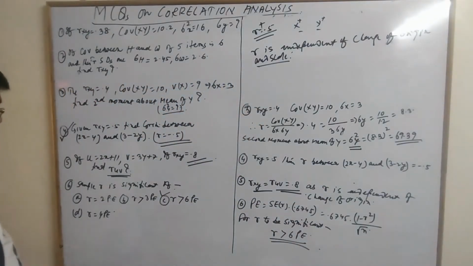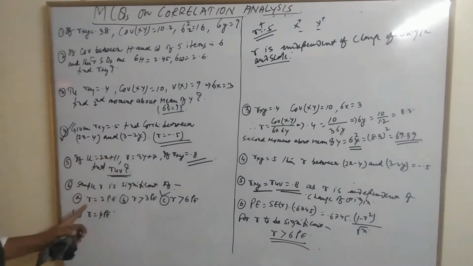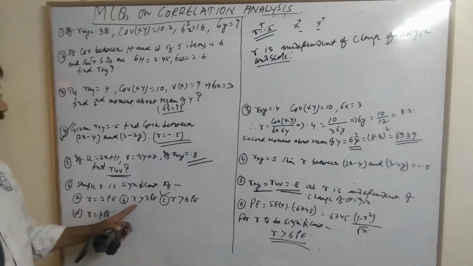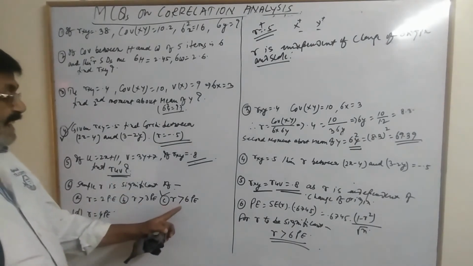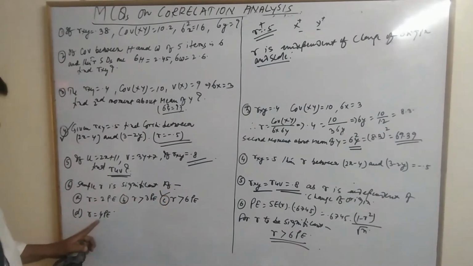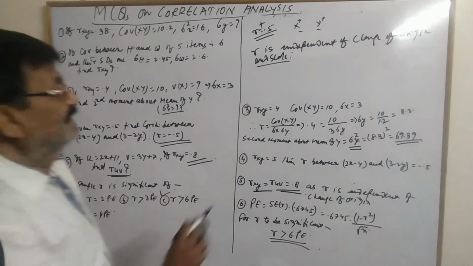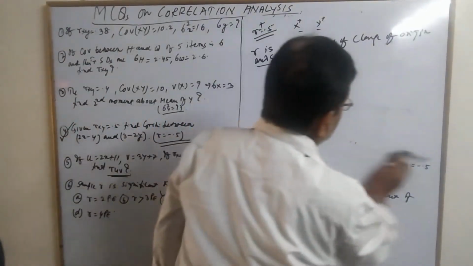Number 6. Sample R is significant if R equals twice of probable error, R is greater than thrice of probable error, R is greater than 6 times of probable error, and fourth is R equals 4 times of probable error. In this context, you have to understand what is probable error.